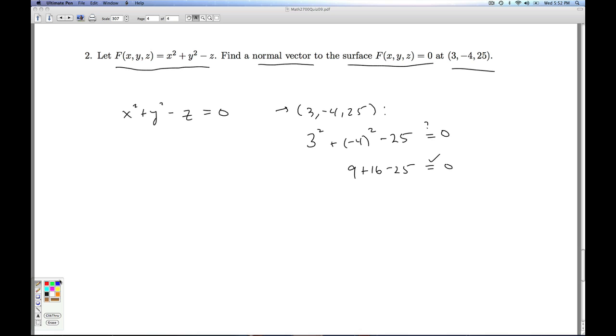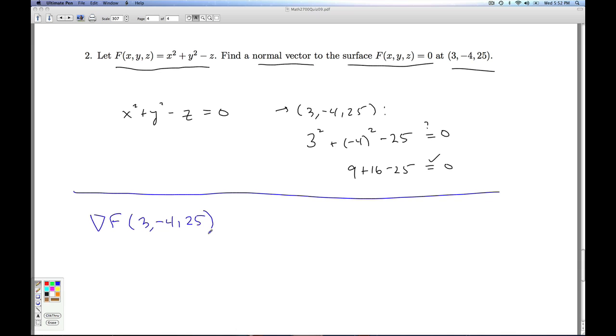And so we think back to properties of gradient, and what's going to do that? The gradient of f at that point will be the vector we need. Okay, so to that end, let's find the gradient of f of x, y, z.